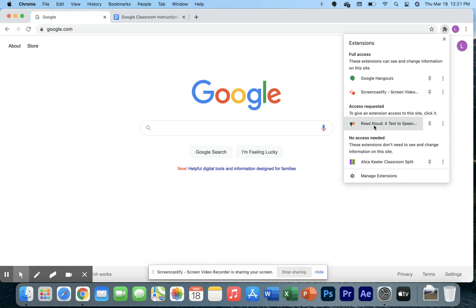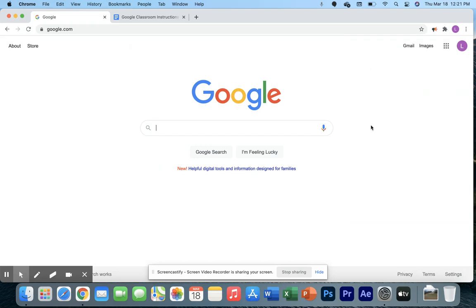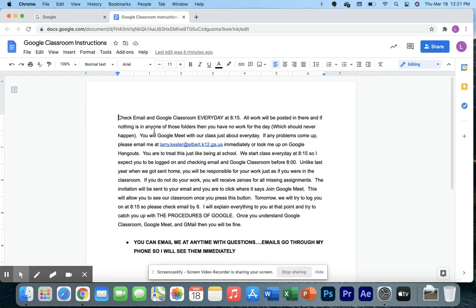The Read Aloud is exactly what you think it is. From what I've learned in my history with it, it works better on paragraphs. It doesn't like to read websites per se. You can't put it on a certain website and have it read every word. But it does work on stuff like this. These are simple directions I gave to my students that were going virtual this year.